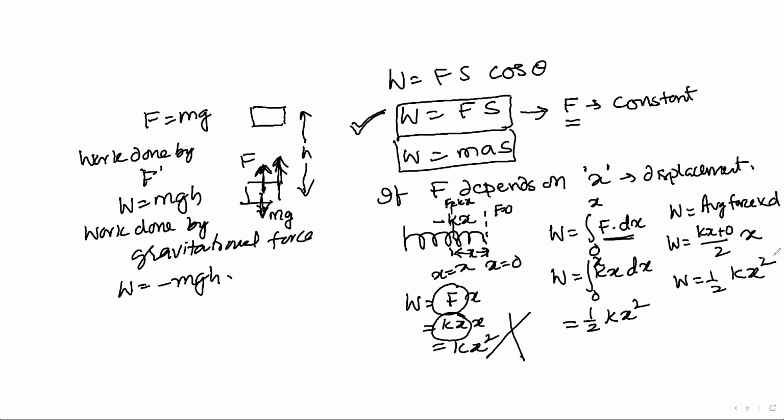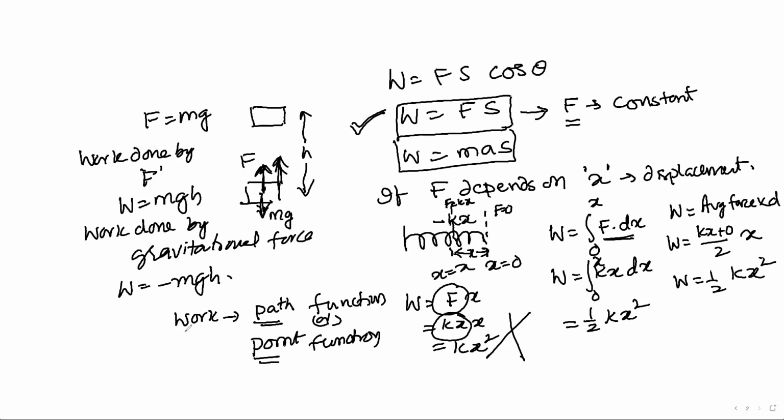Another important thing related to work: is work a path function or a point function? Path function means it depends on the path. Point function means it depends on initial and final positions.